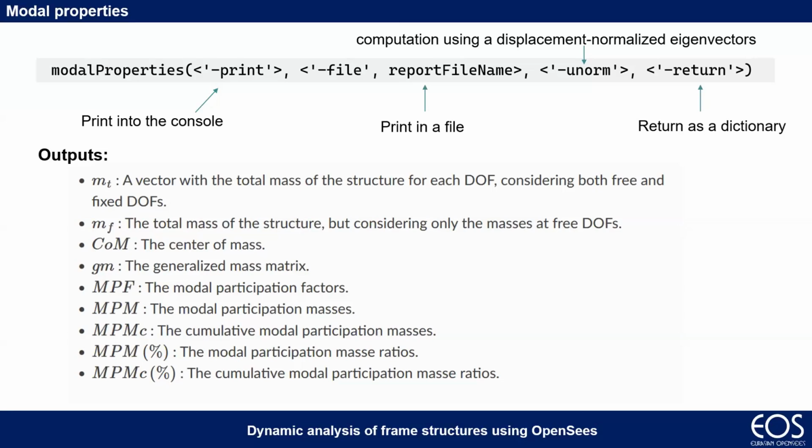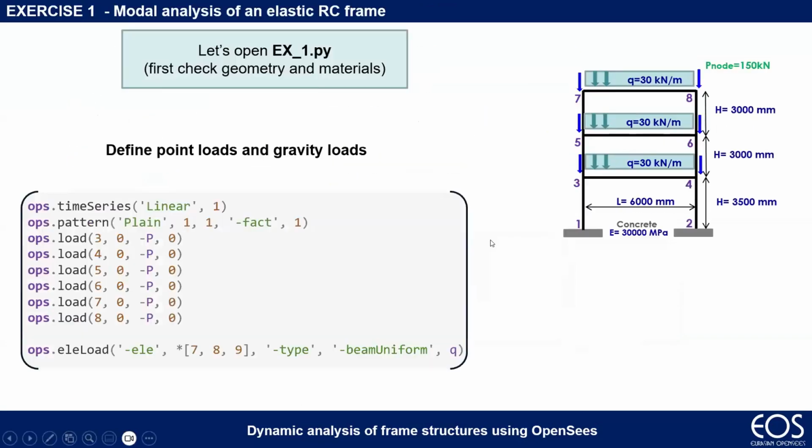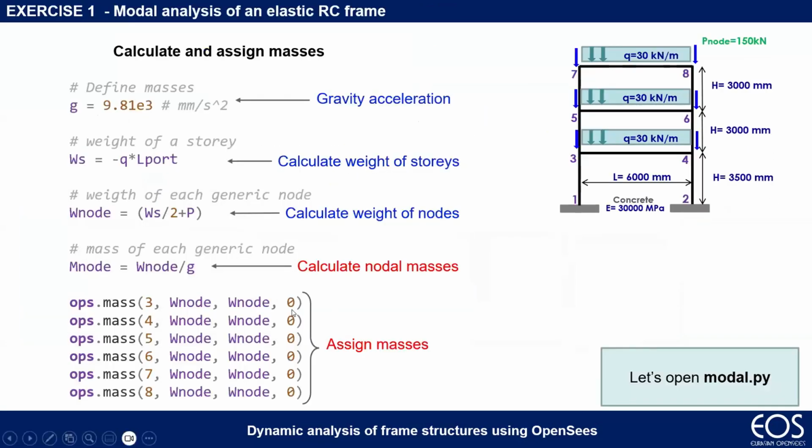Other questions? Also online. If there are no questions, I'll pass very quickly to the last topic for modal analysis. Sure. Can you explain why the mass is 0 there? This is just in my case, since I don't want to have a rotational mass, mass for the rotation degree of freedom. But it's just my decision. You can do whatever you want.